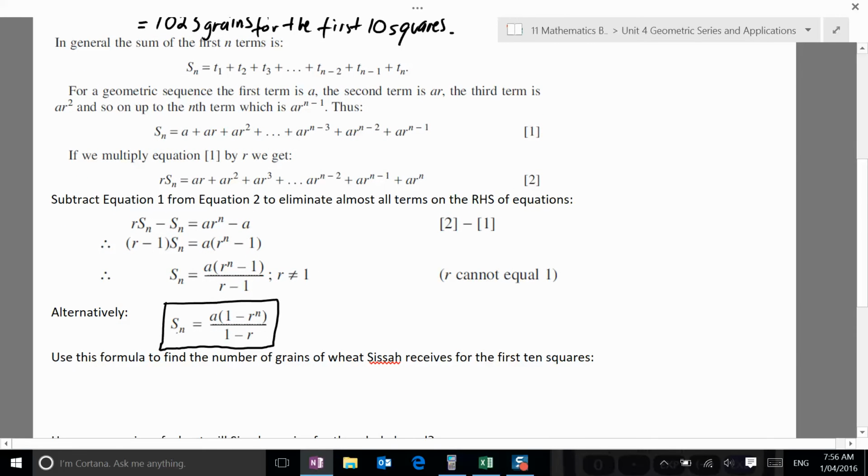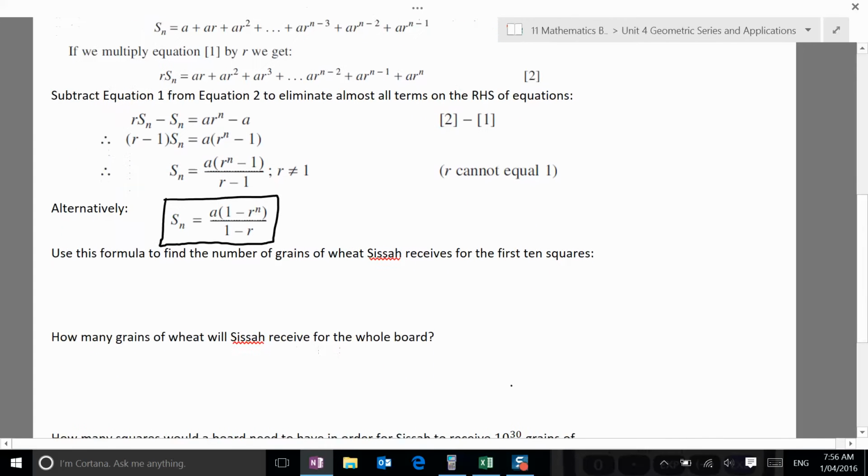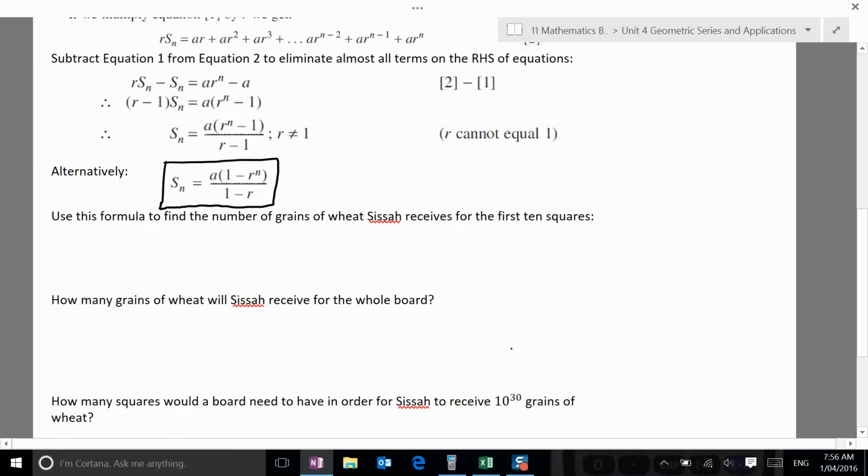But we really just want to be using this formula. A series of n terms is found by getting the first term, multiplying it by 1 minus the common ratio to the power n, divided by 1 minus r. Let's have a look, see what we can do. Remember, for our rule here, we had a equals 1 and r equals 2. Use this formula to find the number of grains of wheat Sissa receives for the first 10 squares.